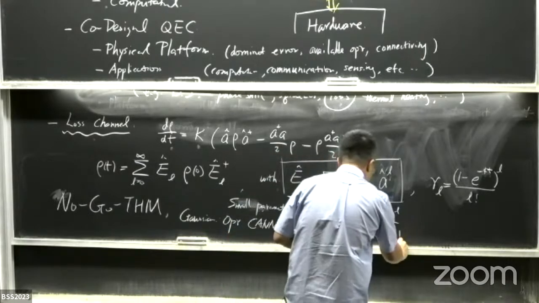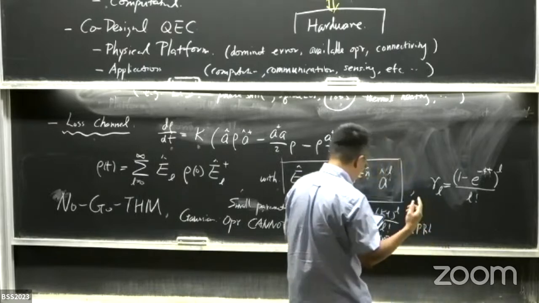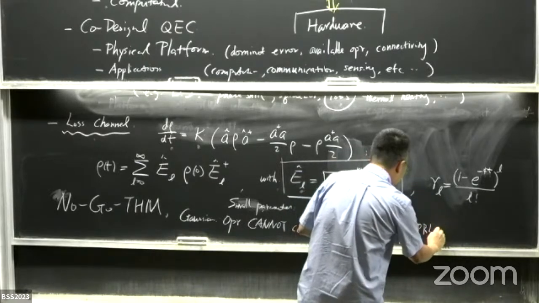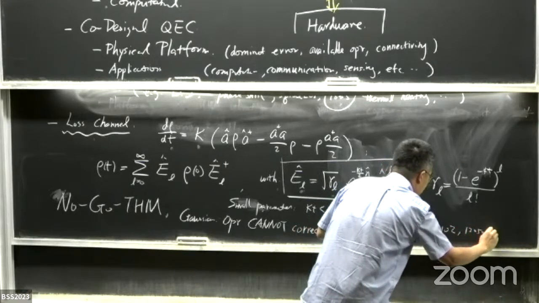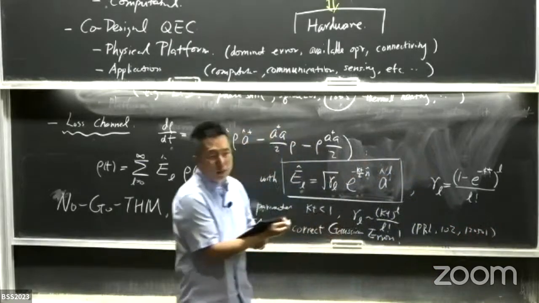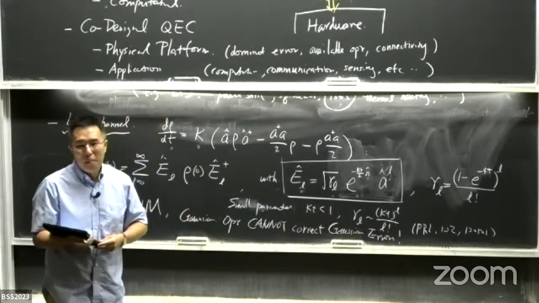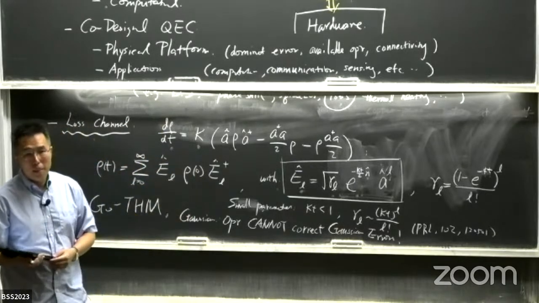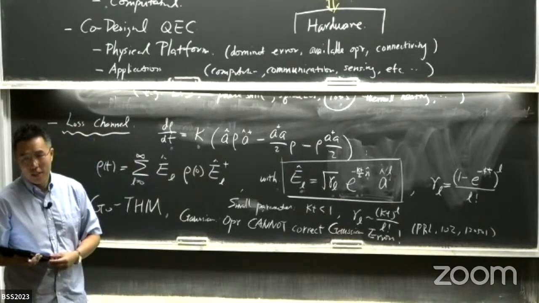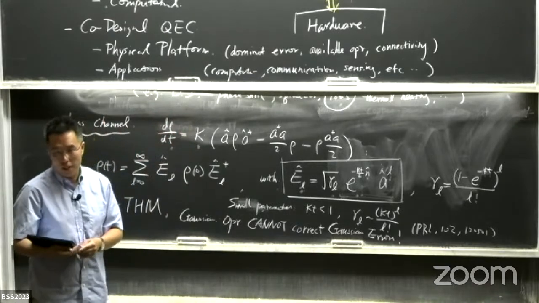That was proven in a paper, which I'll put in the notes with the references, in 2009. So basically it saves people a lot of time trying to do something impossible. But it also gives us a clue: if you want to do error correction, we should think about something non-Gaussian. Something not just beam splitters and squeezers, we should do something else.